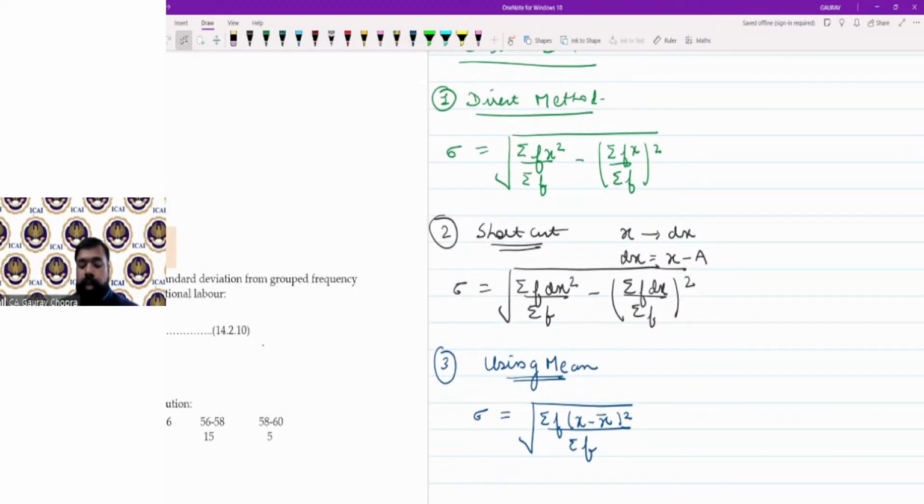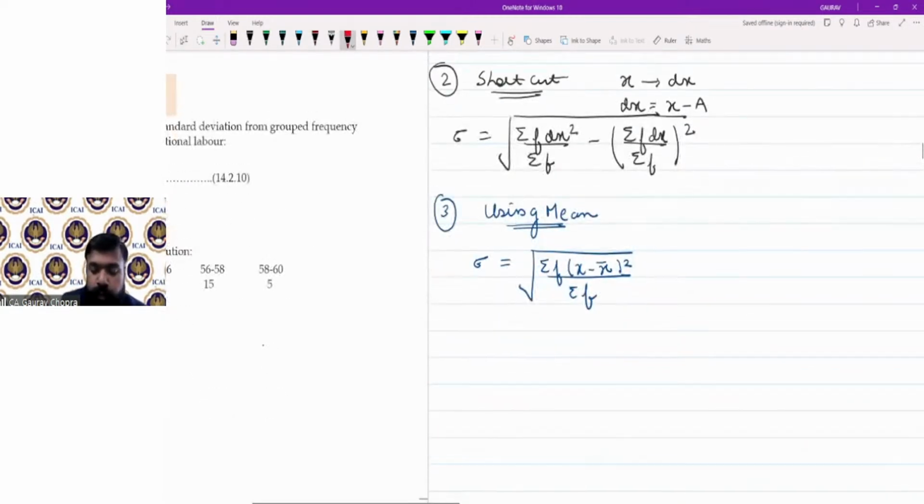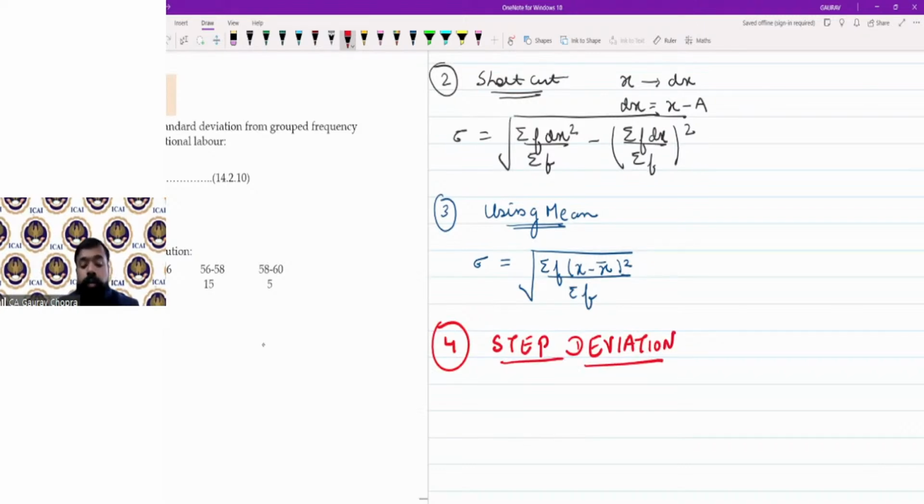All right. Now the fourth formula is only for continuous series. So let's write that also here. That is known as step deviation method. Step deviation method. Now this formula is almost similar to the shortcut method.